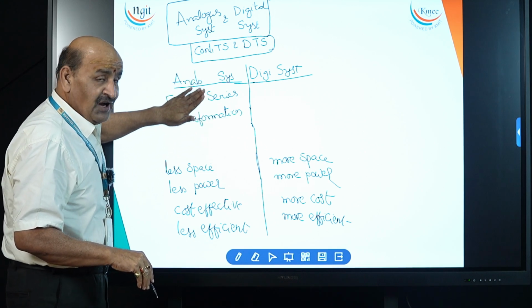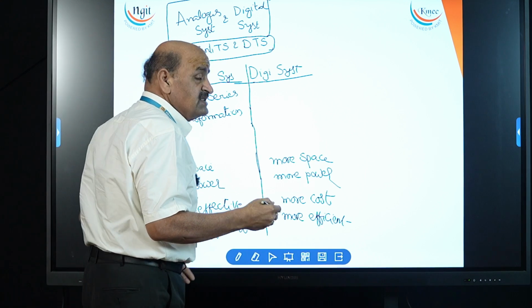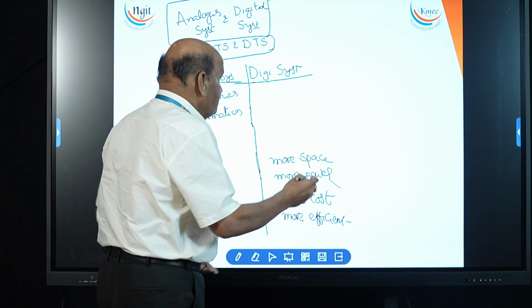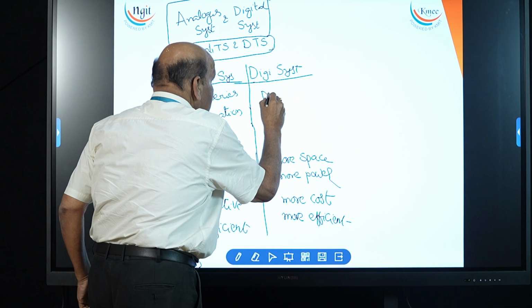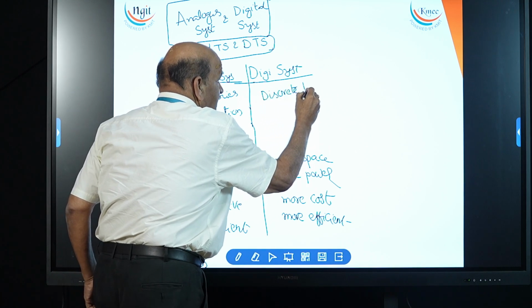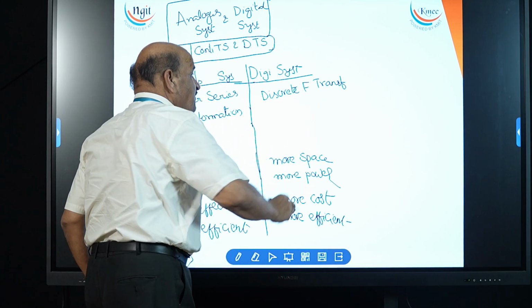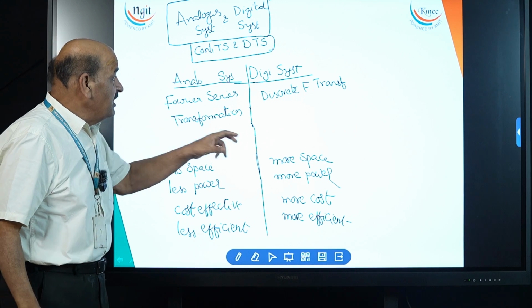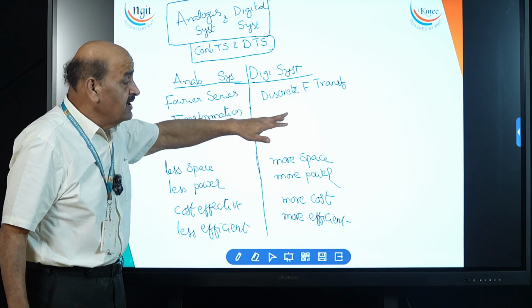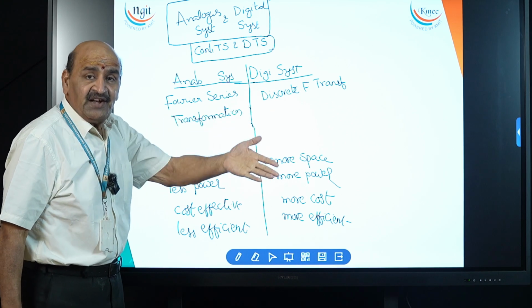In the same way, to represent digital system functionality, we use discrete Fourier transforms. Just look, the word itself is discrete: discrete cosine transformations, discrete sine transformations.